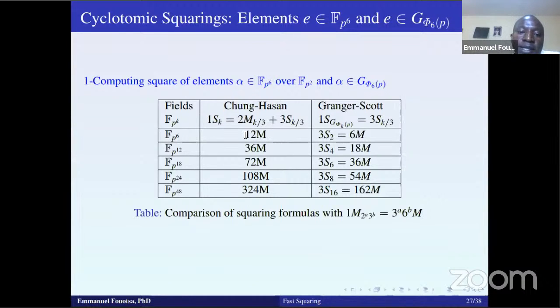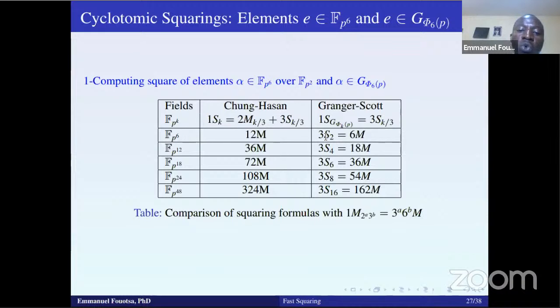So the conclusion is, to perform the exponentiation in pairings, we have to take note that the squarings in the hard part of the exponentiation are taking place in a cyclotomic subgroup.